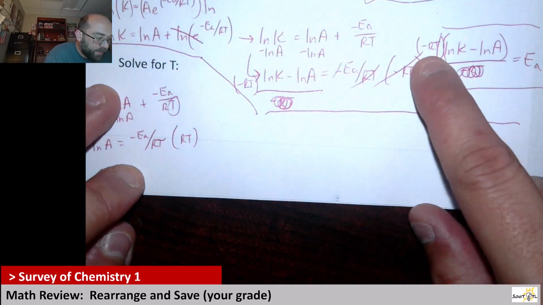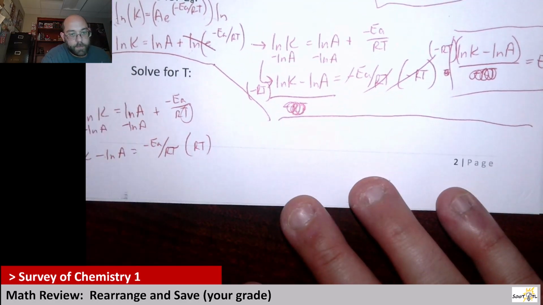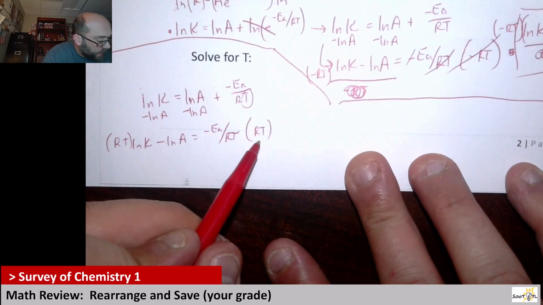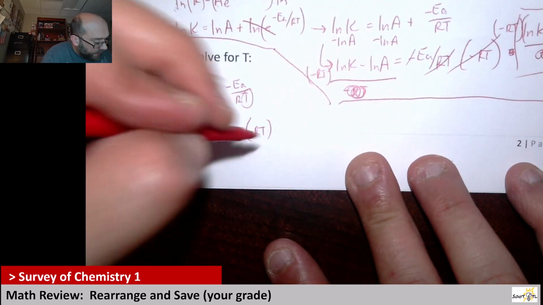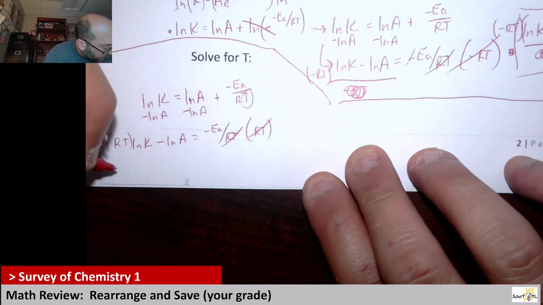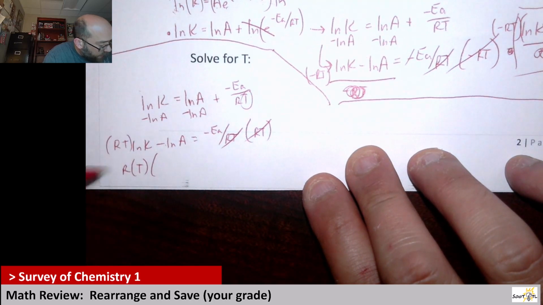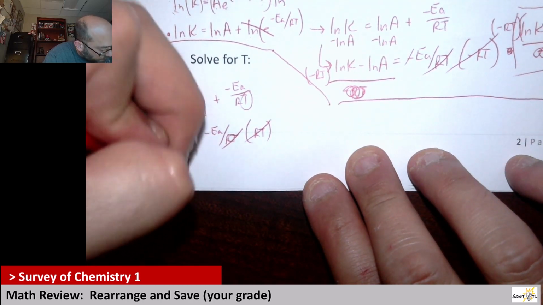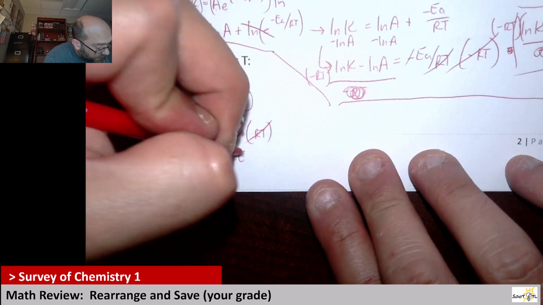That's it. So I'm going to multiply both sides by the negative RT here. And that cancels on this side. So what do I get? I get R times T. And all of that is times the natural log of K minus natural log of A. And all of that equals negative EA.